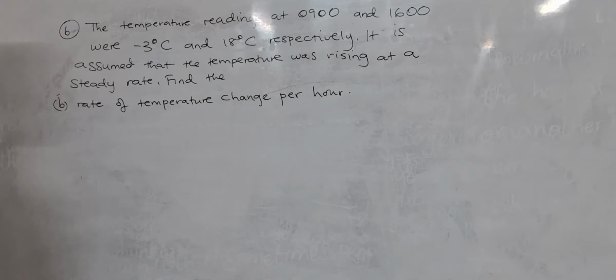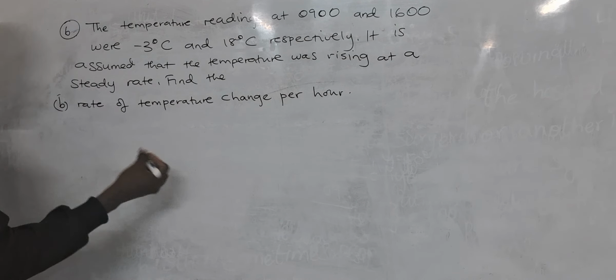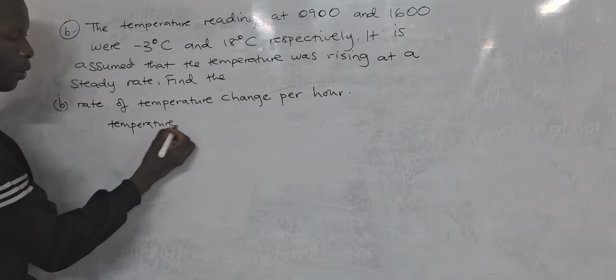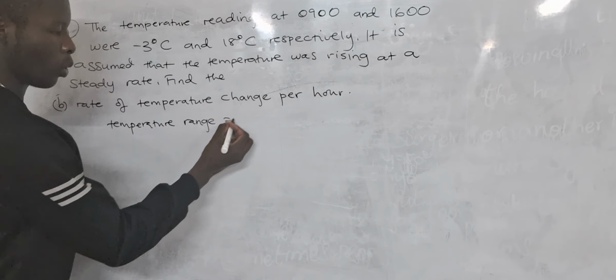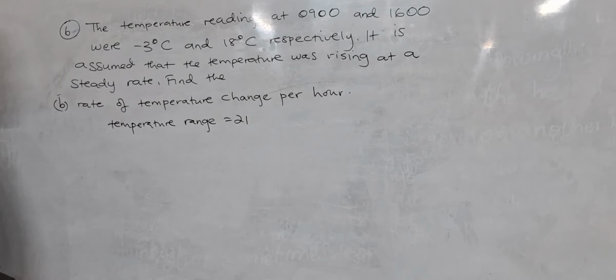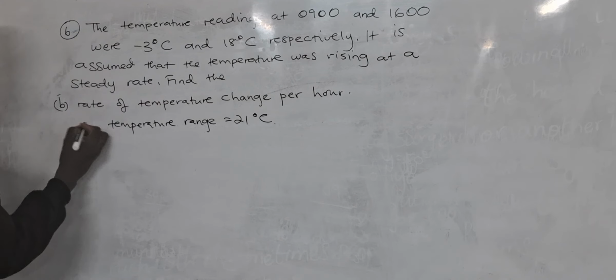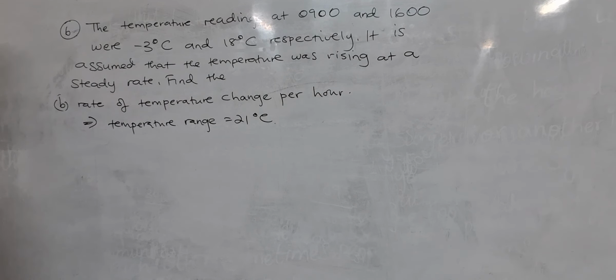So you are supposed to find the rate of temperature change per hour. The temperature range we got is 21 degrees Celsius. This is the temperature range. Now you are supposed to find the rate of temperature change per hour.